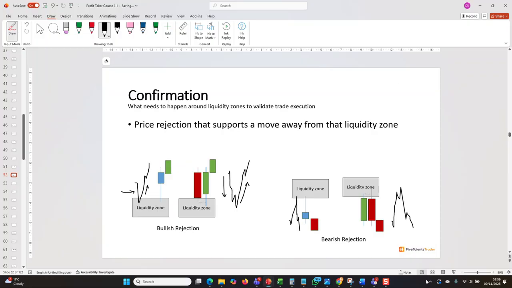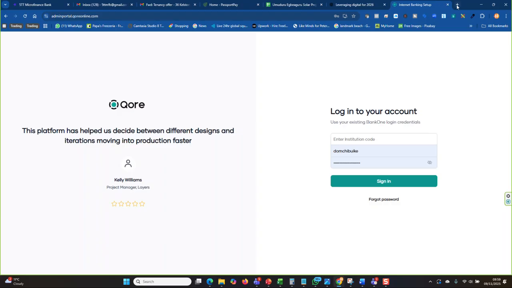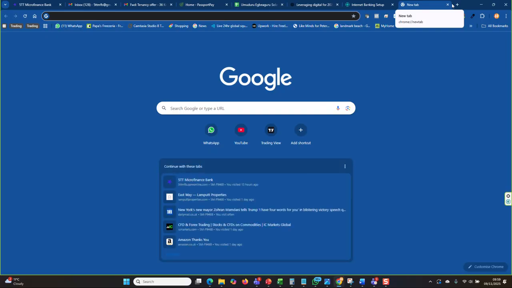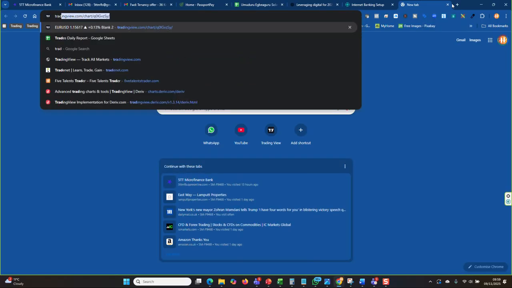So if we take a look at the price chart, right, this might give us some sort of clarity on that. So where's this TradingView?